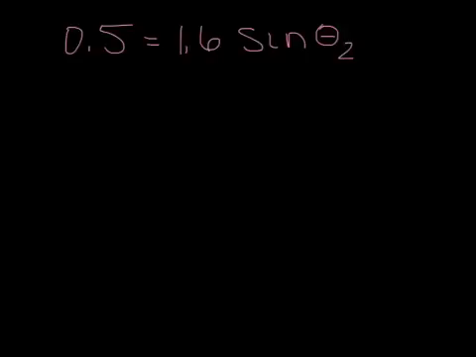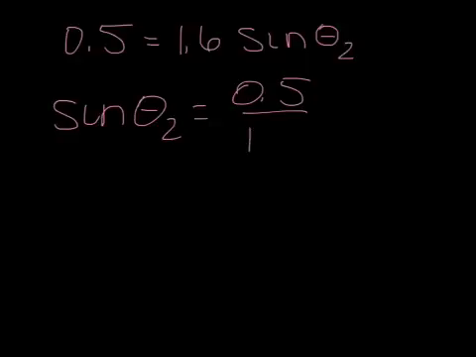So we want sine theta 2 by itself, so we divide both sides by 1.6, so that gives us sine of theta 2 is equal to 0.5 divided by 1.6, which is 0.313.